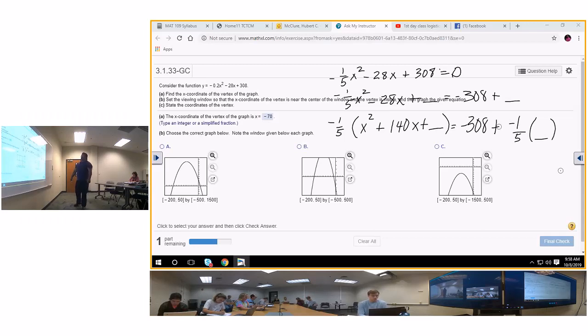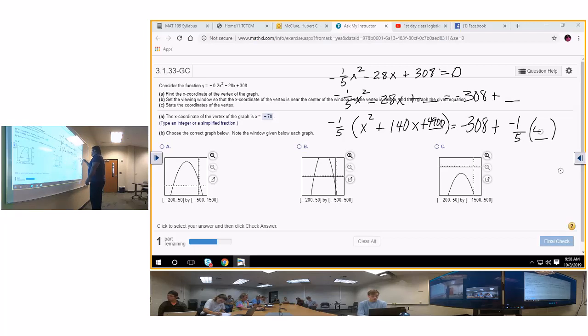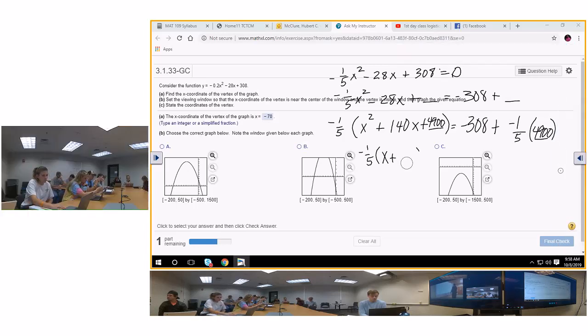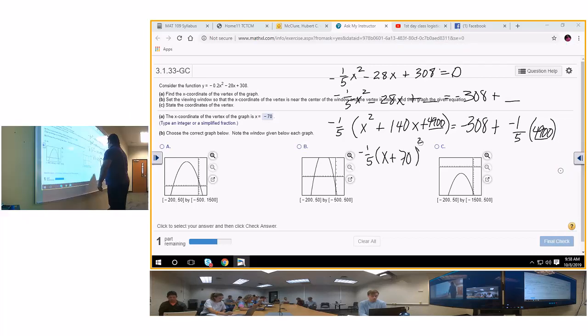All right. What's half of 140? 70. And 70 squared? Should you use a calculator for that? No. x plus 70 quantity squared is equal to, all right, somebody help me out here, because what's 49? Well, I'll do it.